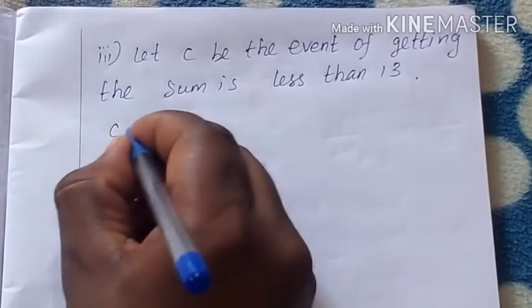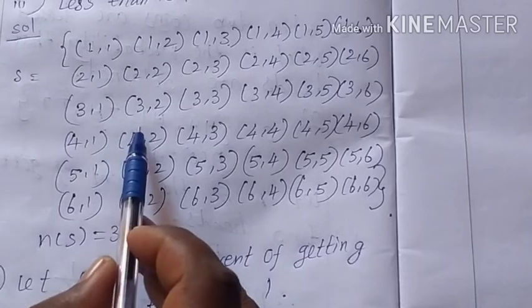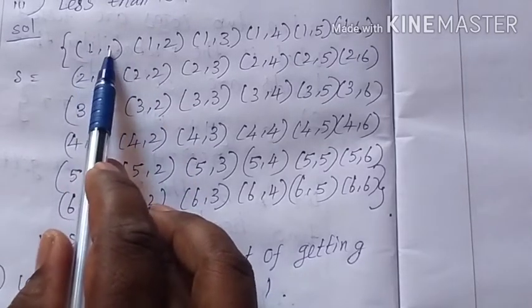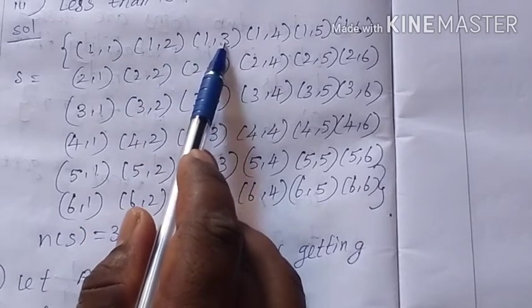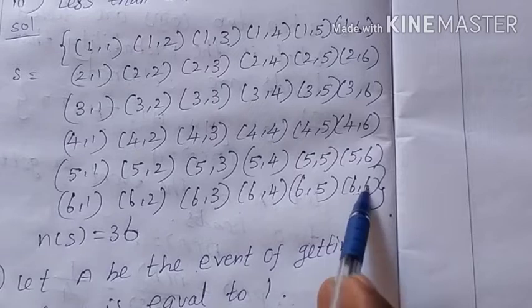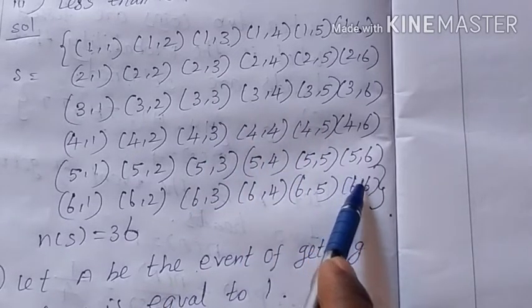So C is equal to the set of all outcomes. Consider the sample space. The sum must be less than 13. 1 plus 1 is 2, 1 plus 2 is 3, 1 plus 3 is 4, and so on. 6 plus 6 is what? 12. So all the outcomes have a sum less than 13.